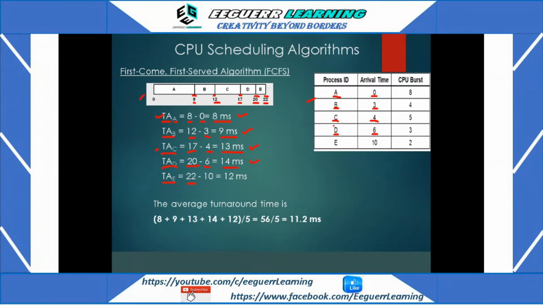Look at our table for process E and get the arrival time of process E, which is 10, and place it here, and subtracting will give us 12 milliseconds. So the turnaround time of process E is 12 milliseconds.